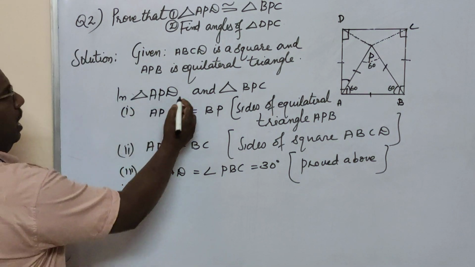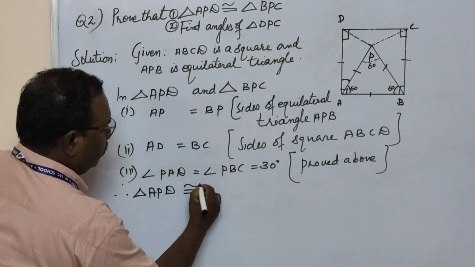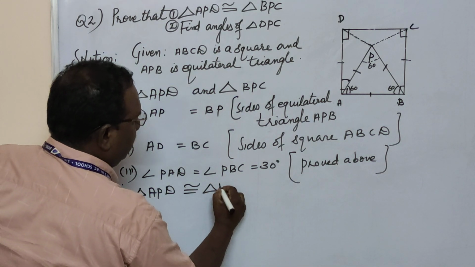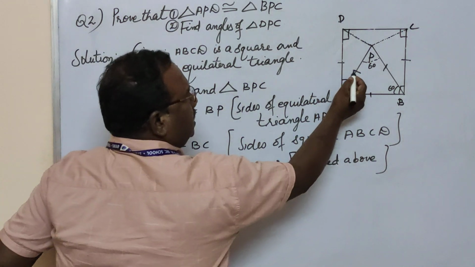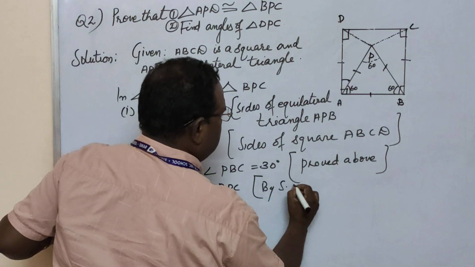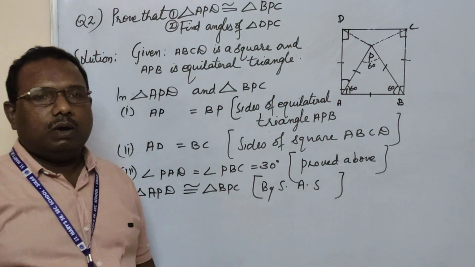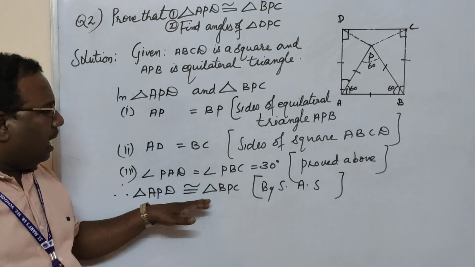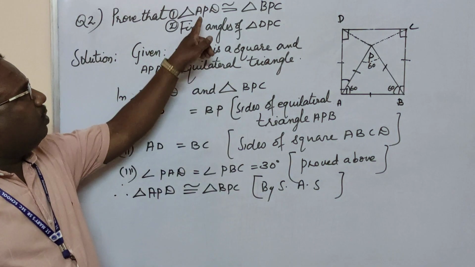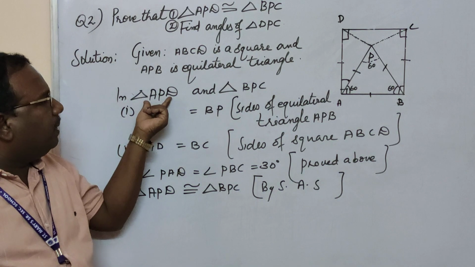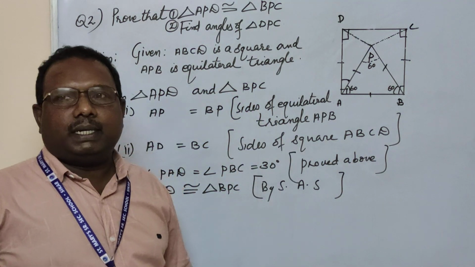Therefore, triangle APD is congruent to triangle BPC by side angle side, SAS criterion of congruency. This is the proof of the first part.